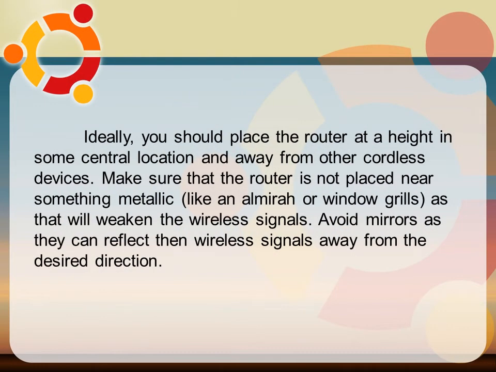Ideally, you should place the router at a height in some central location and away from other cordless devices. Make sure that the router is not placed near something metallic like an almirah or window grills, as that will weaken the wireless signals, and avoid mirrors as they can reflect the wireless signals away from the desired direction.